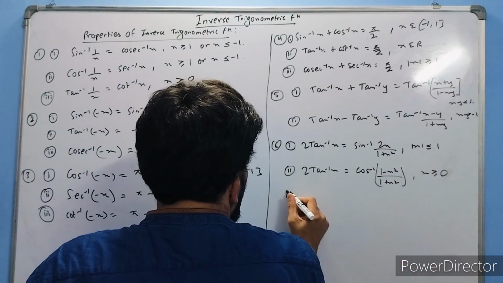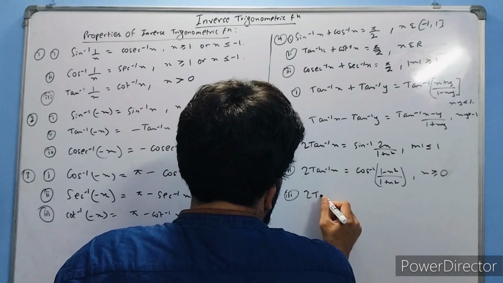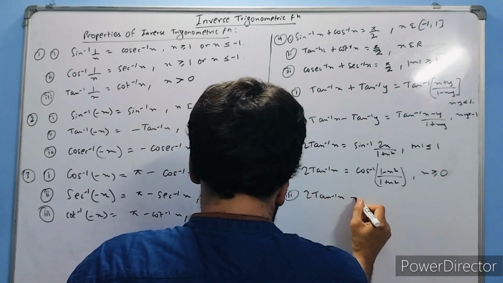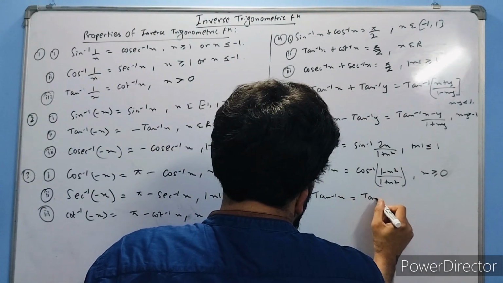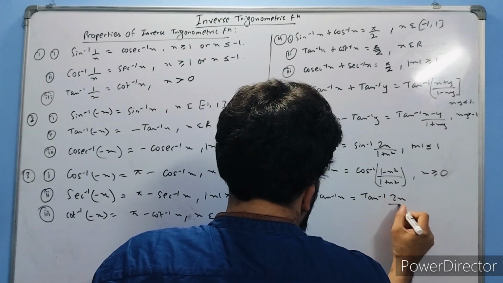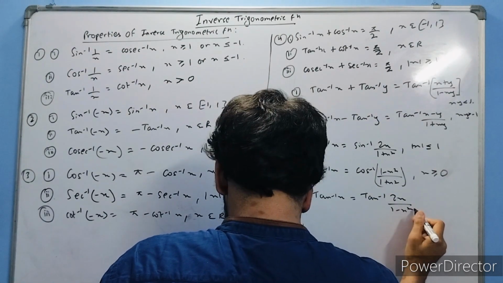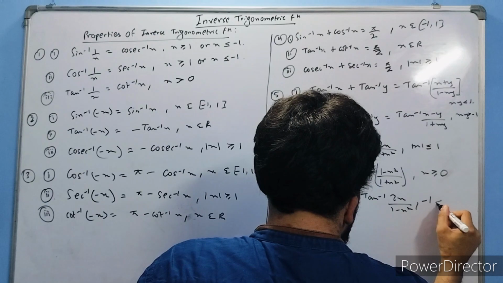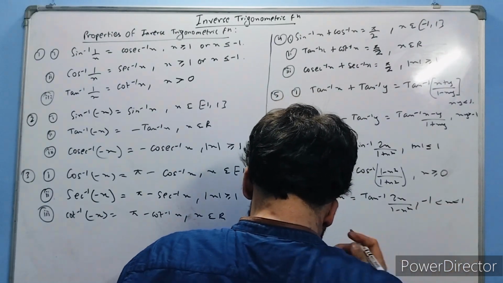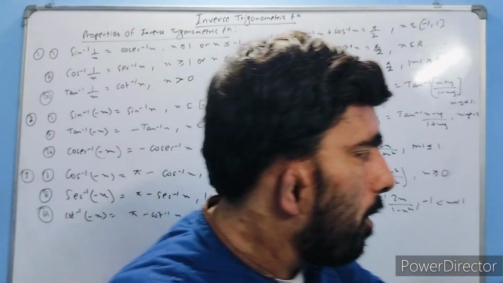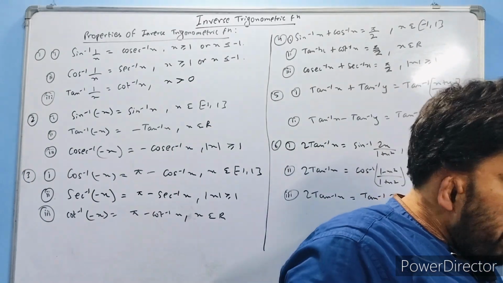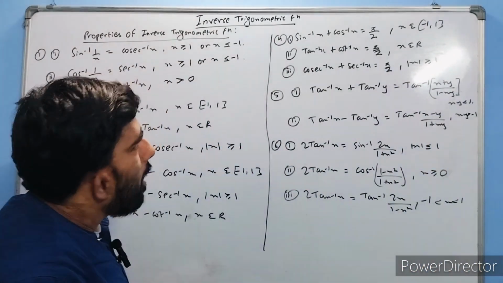And the third part is 2 tan inverse x is equal to tan inverse 2x upon 1 minus x square, minus 1 < x < 1. Okay, so I have this. So these are the important properties we have.